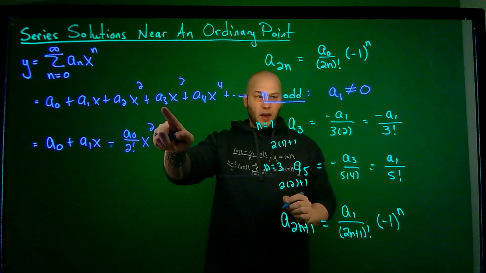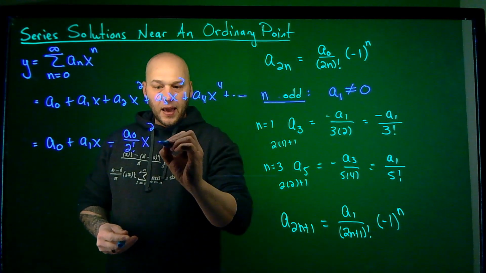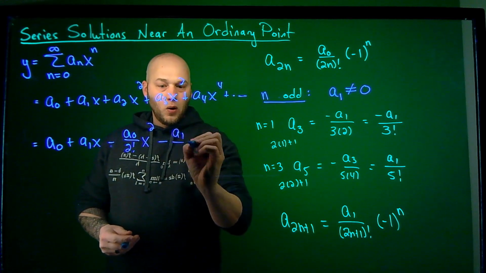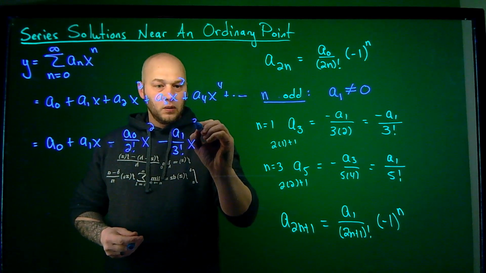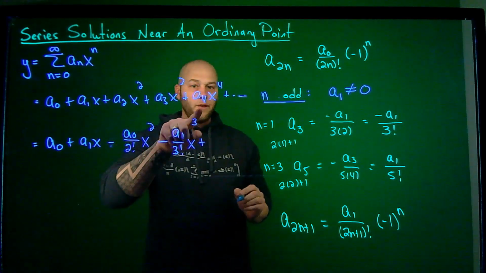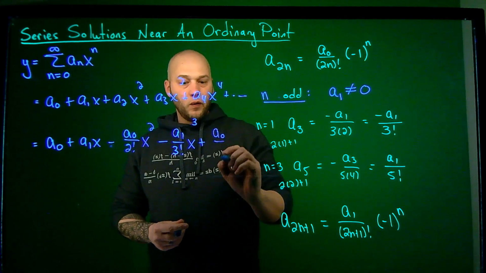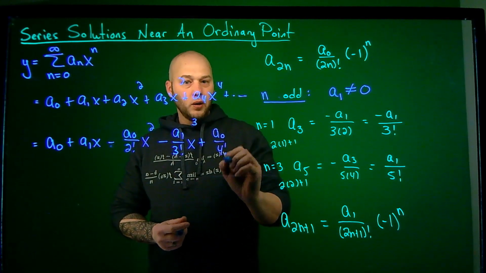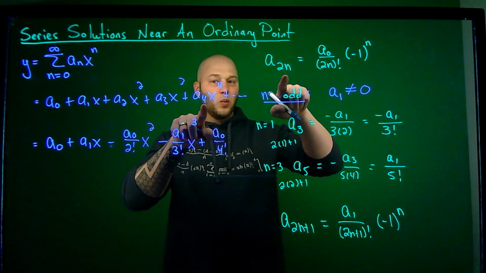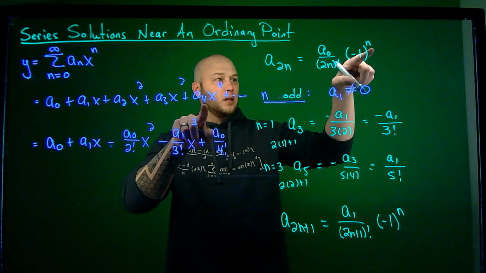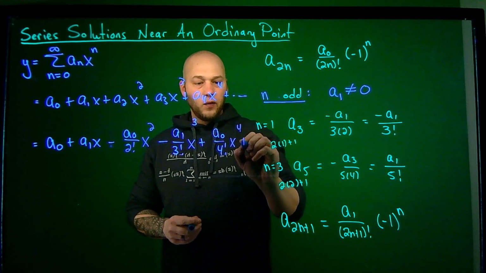A3 would be negative a1 over 3 factorial x cubed. Plus, let's do another one, a4, which would be a naught over 4 factorial. A4 means that the n value is 2, meaning it's negative 1 squared, so it's positive, and then x to the 4th, and of course, so on and so forth.